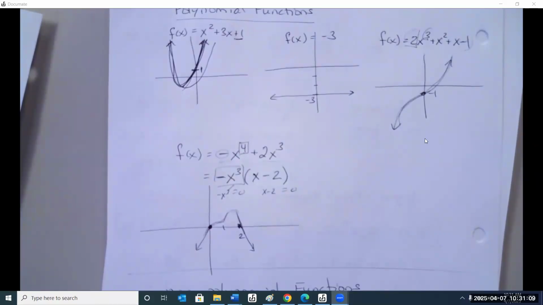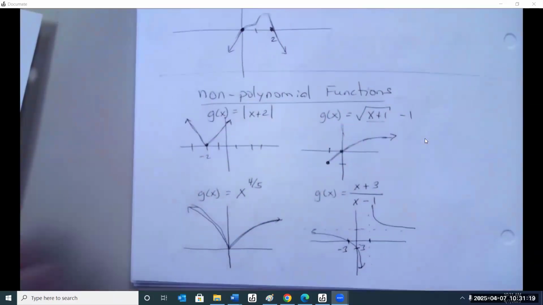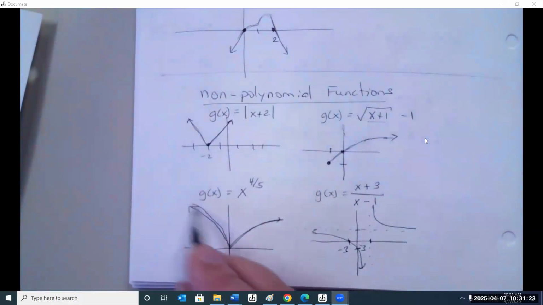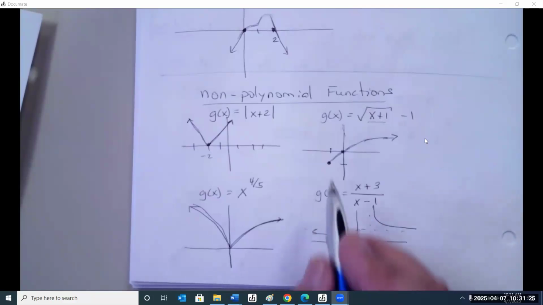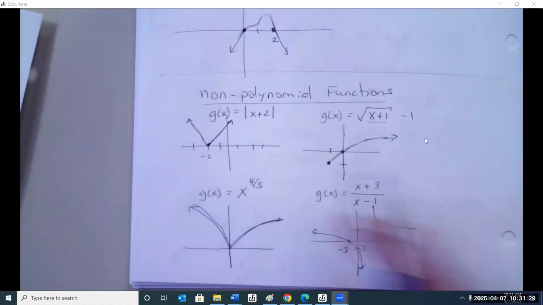There are no sharp corners, no points, no discontinuities, no jumps. That's what a polynomial is. It has to be smooth and continuous. Non-polynomial functions have corners, they have points, they have a terminating point. It's not continuous. It can't go on forever, and it's a discontinuity.